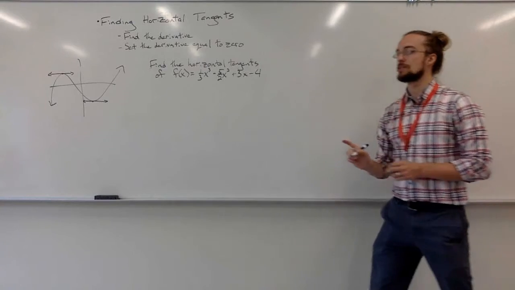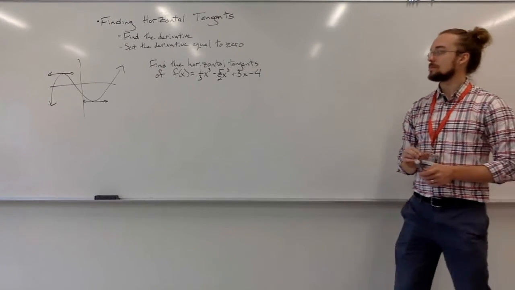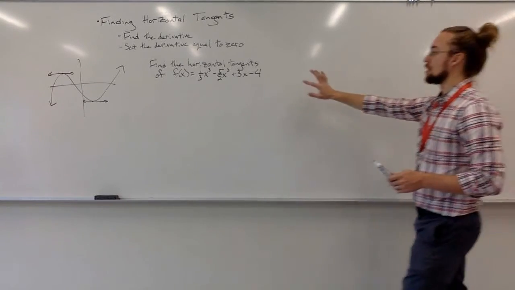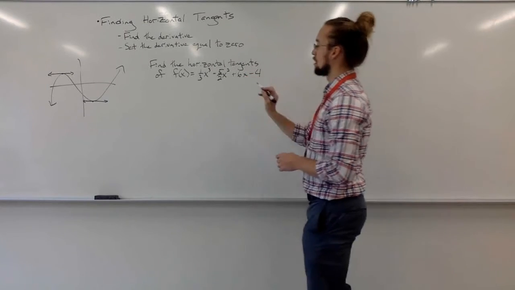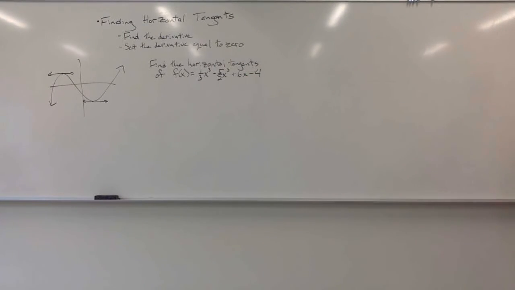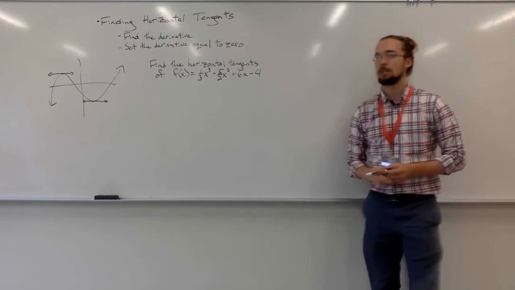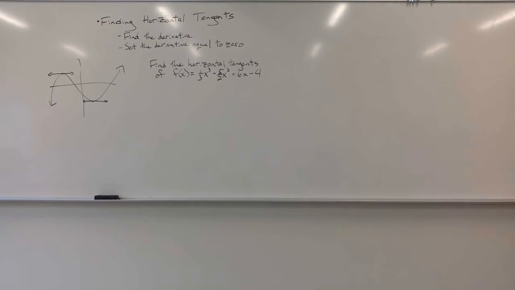I think that works out nicely. Oh, no, sorry. Make this a 6. Now that should work out nicely. 1/3 x cubed minus 5/2 x squared plus 6x minus 4.